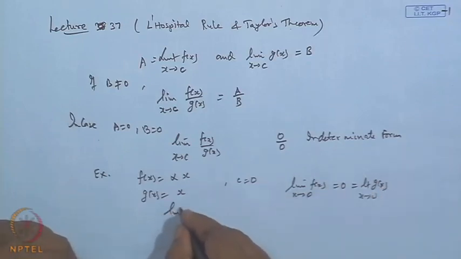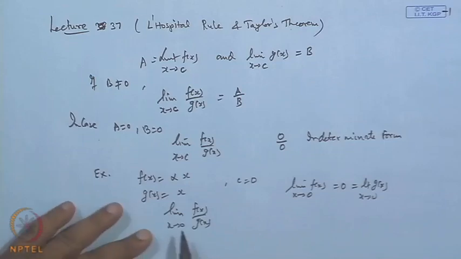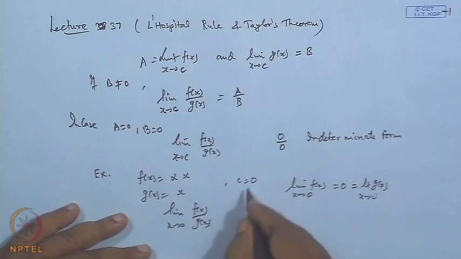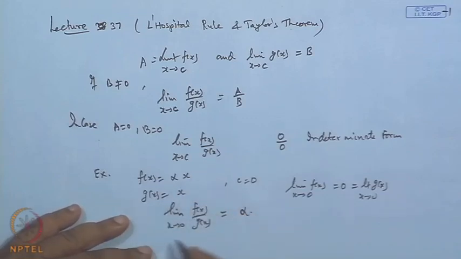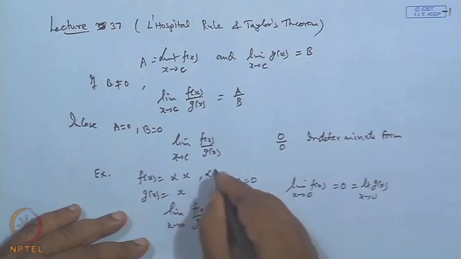So when you take the limit of f(x) over the limit of g(x), it is 0 over 0 form. But if I substitute f(x) and g(x), then the limit comes out to be alpha, because x gets cancelled. So the limit will come out to be alpha, a real number.